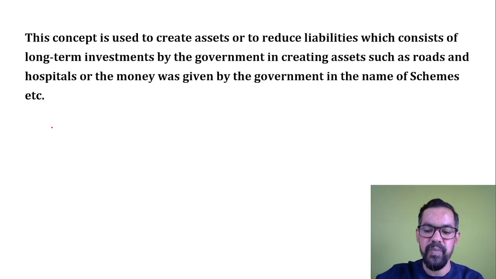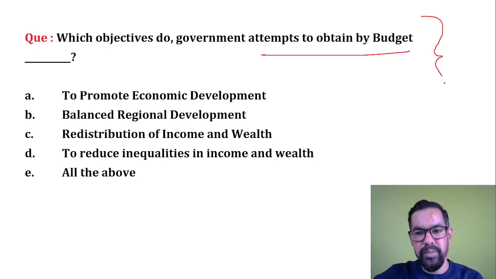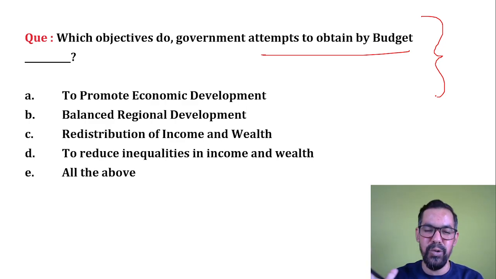Next one, which objective does government attempt to obtain by budget? So budget is based on economic growth, price stability, or the development agenda. There are so many things.